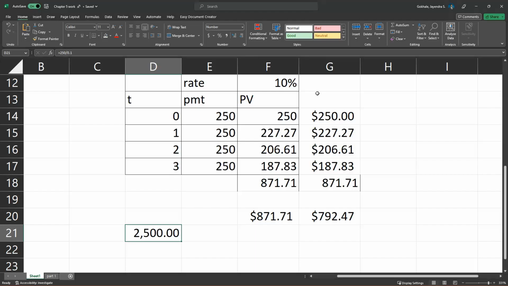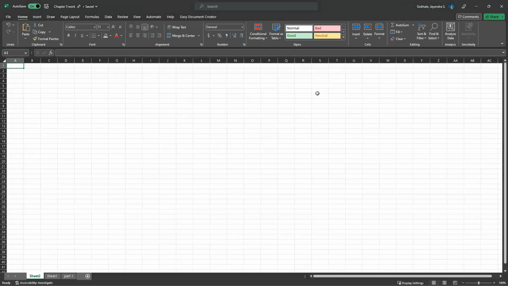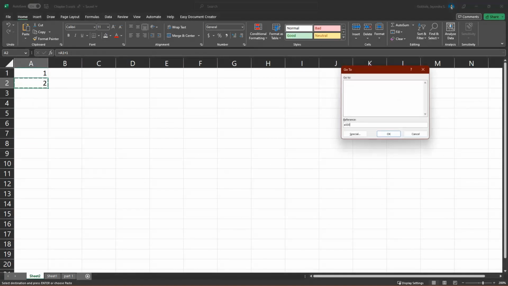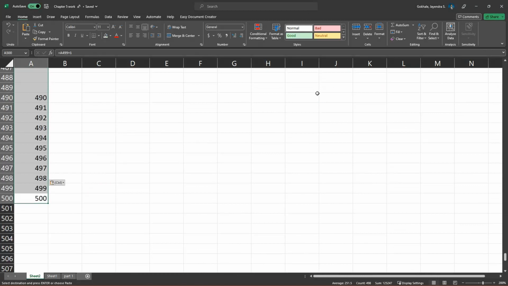Now, if you really want to see it, I can take a quick minute to show you. So 1 equals 1 plus, equals 1 plus 1. And then let's take it to Alt V Z 0. Let's take it to Control C, Control G, A 500 first. Just let's take it to 500 periods, okay?